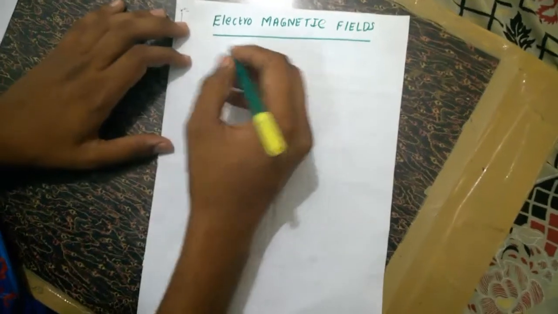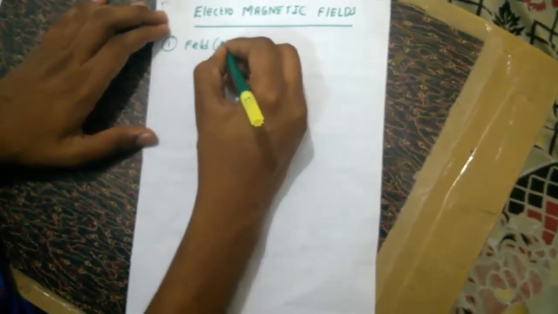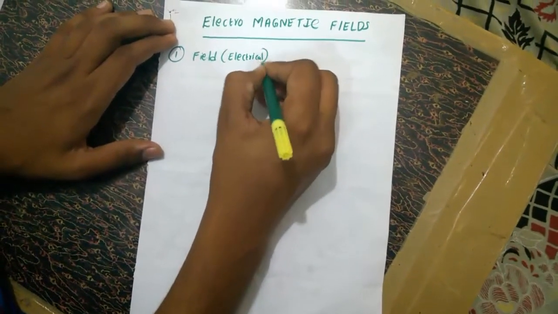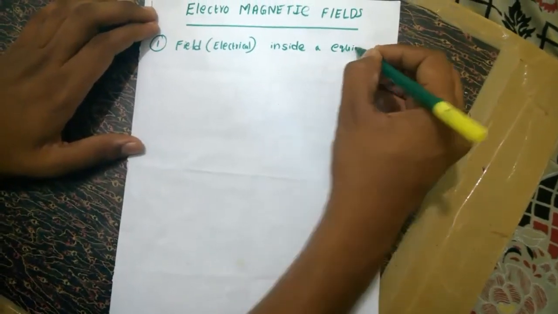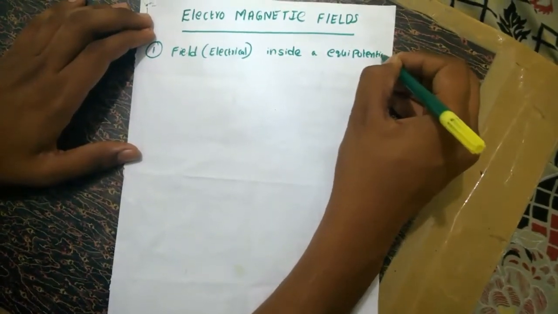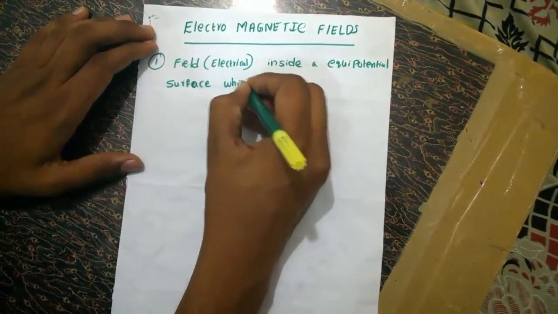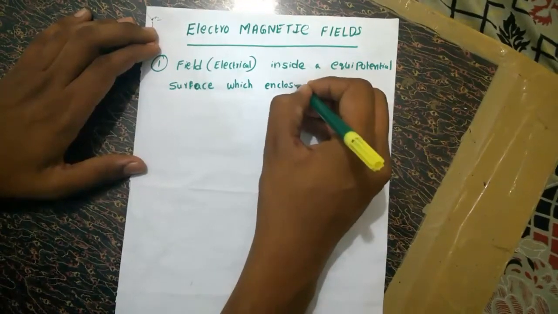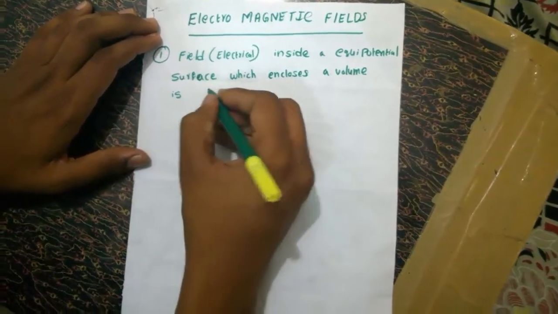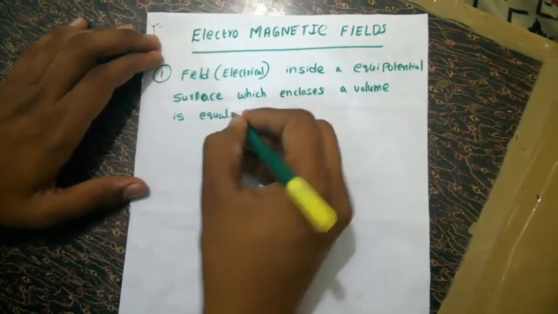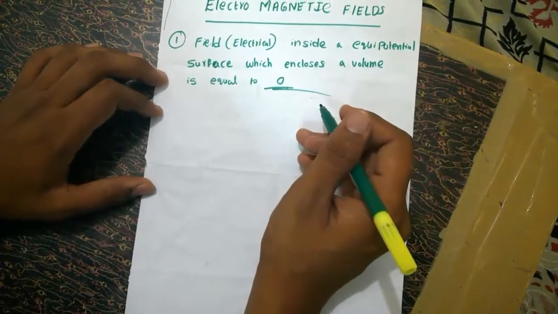What we are going to see is that the electric field inside an equipotential surface which encloses a volume is equal to 0. How? We will see this practically.